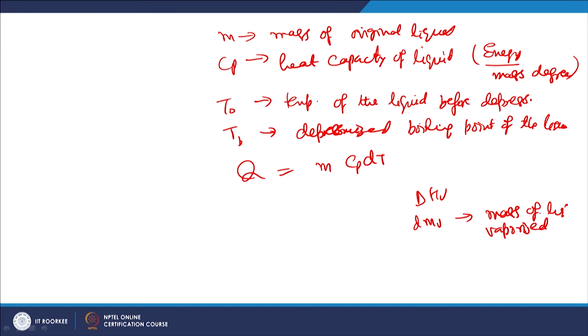So dmV is equal to Q upon delta HV, that is m Cp dT upon delta HV. So we can calculate the fraction of liquid vaporized as Fv is equal to dmV upon m, that is Cp dT upon delta HV.